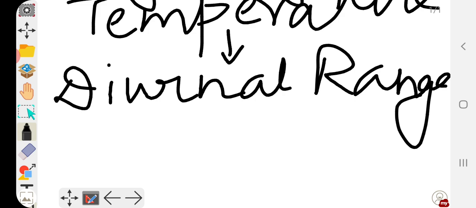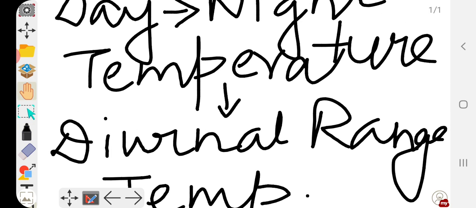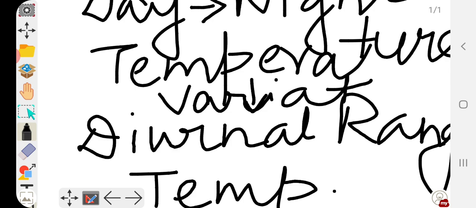So which part of our country has this diurnal range of temperature? That is Rajasthan. The desert area, the northwestern part of our country, has a high diurnal range of temperature, and the definition of the diurnal range of temperature is the day-night temperature variation.